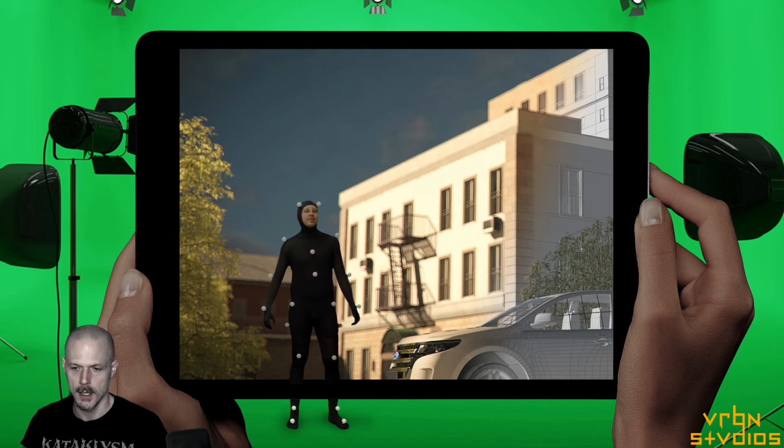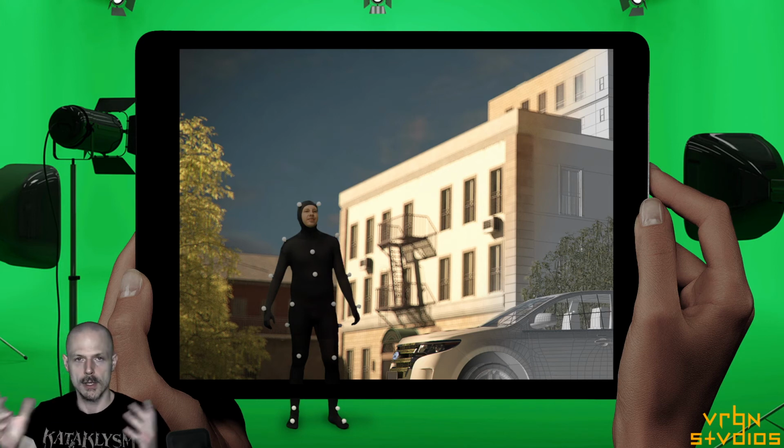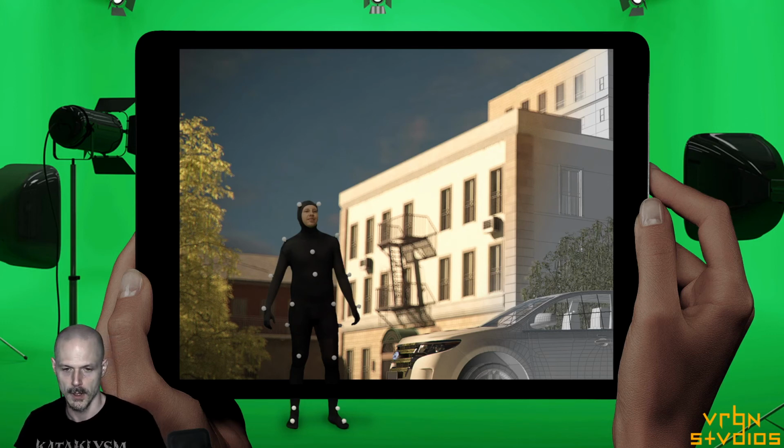Because you need a virtual set, you need realistic buildings that are also real-time optimized, and that's exactly where we are going. So you can have a real-time game engine representation, but still use the highest level of detail of the same buildings, for example, for offline rendering. You get the best of both worlds, because the buildings are optimized for both.